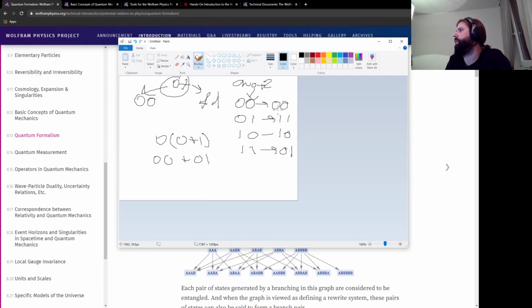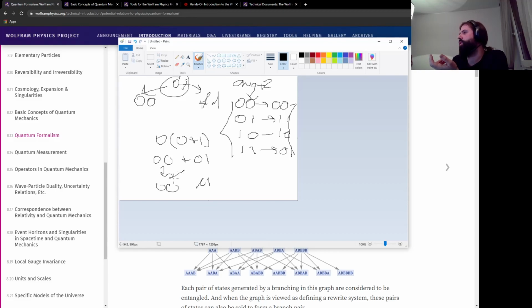And so you can apply the rules. You have a set of rules, and the result after applying all the possible rules is that rule number 1 turns into 00, and rule number 2 turns into 11.